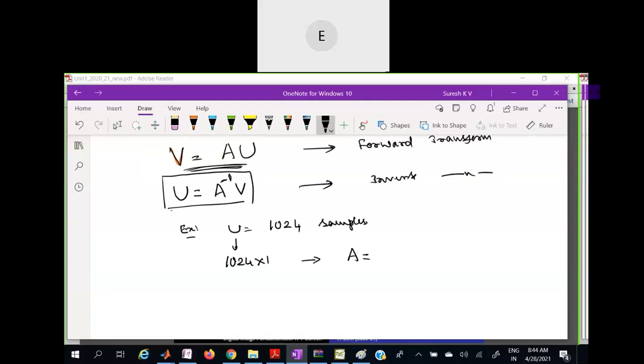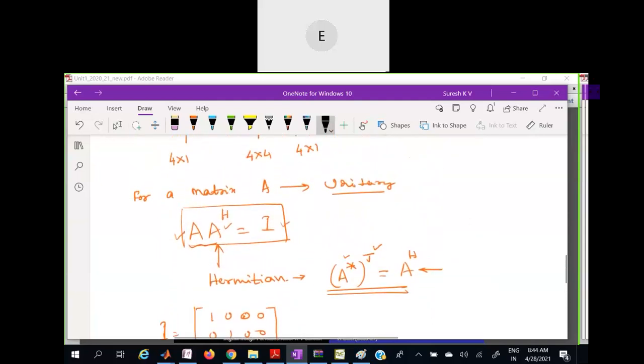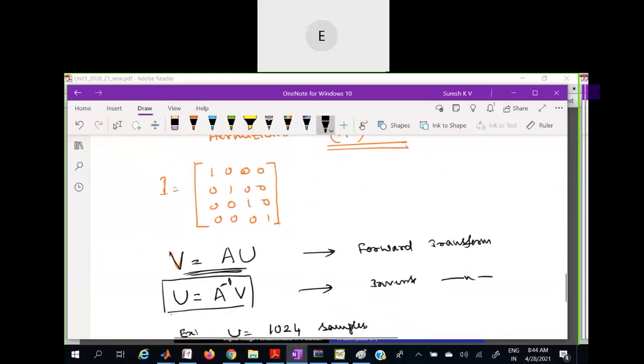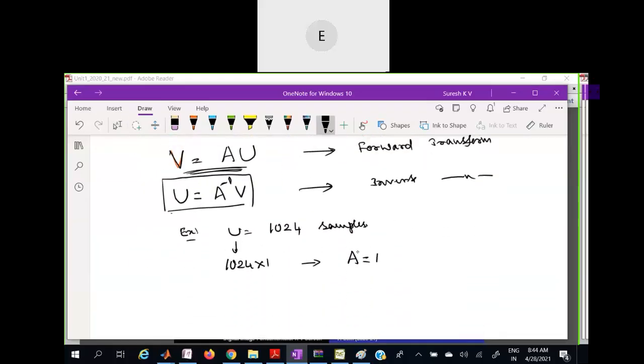So for this, what is the size of your A matrix? If U is 1024 cross 1, we already know it will be 1024 cross 1024. That will be the size of your matrix. This is a very small signal I'm talking about. In real cases, it will be still more.